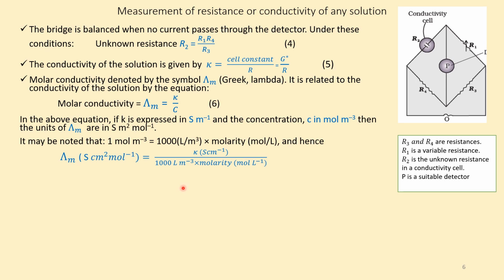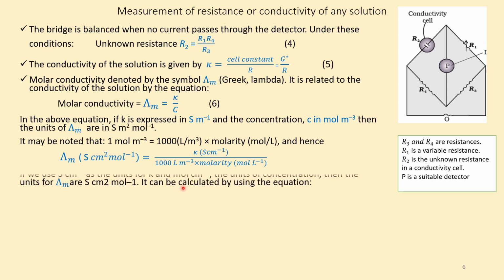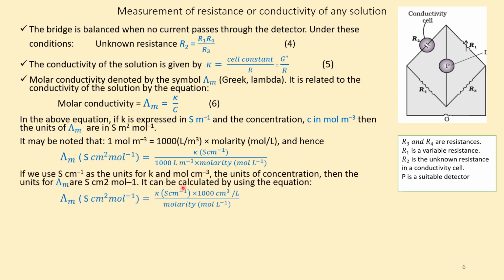We can also express the units of concentration using the formula: lambda m expressed in Siemens centimeter square per mole equals kappa into Siemens per centimeter into 1000 cubic centimeter per liter divided by molarity, that is moles per liter.